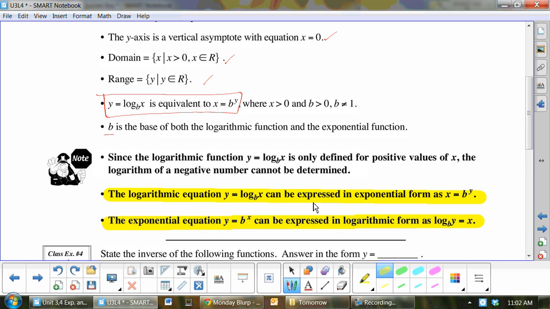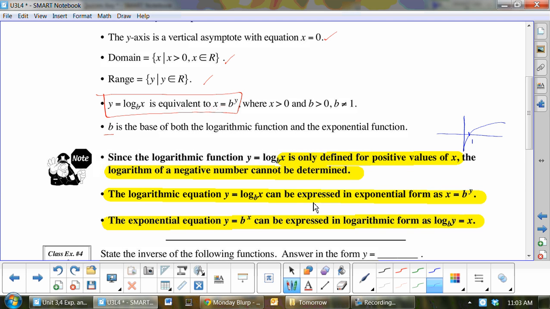Now, here's something to know: the log is only defined for positive values of x. So the log of a negative number cannot be determined, okay? So if you look here, do you see why, if you gave me the question log of 10 to the negative 3, well, negative 3 doesn't even exist for logs.